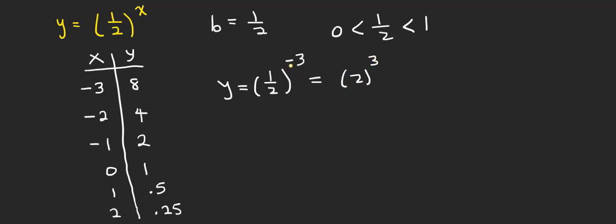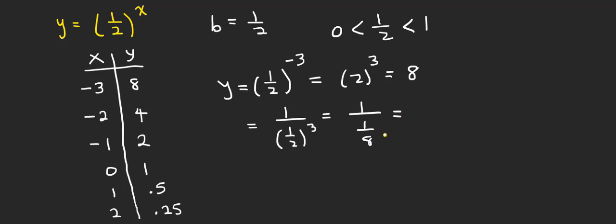If it's a negative exponent, to make it positive, you could find the reciprocal, which is 2, and that becomes positive. So you get 8. Or you could simply say this is the same thing as 1 over quantity 1 over 2 to the third, which is the same thing as 1 over 1/8. Again, that's the same thing as 8.